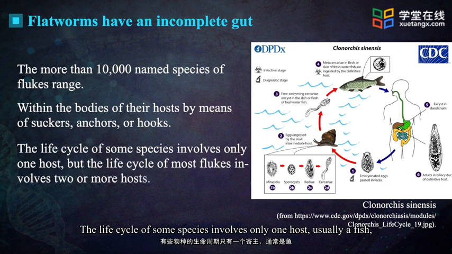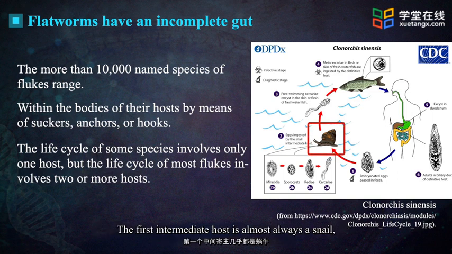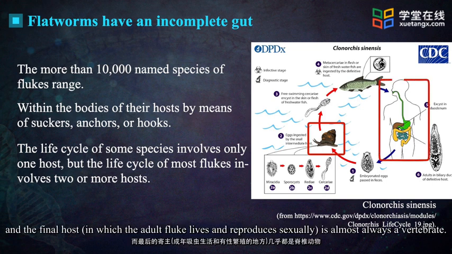The life cycle of some species involves only one host, usually a fish, but the life cycle of most flukes involves two or more hosts. The first intermediate host is almost always a snail, and the final host is almost always a vertebrate.